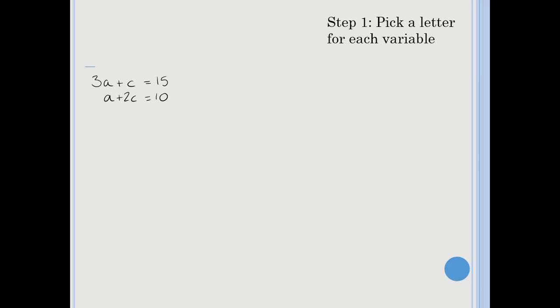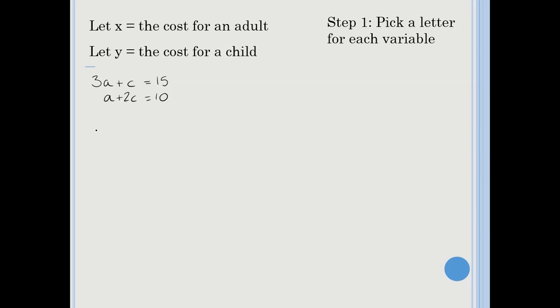So if you want, this is always up to yourself, you can change it so it becomes x and y. That's what I'm going to do, because as I say, I like having that familiarity when I'm doing things. I like to keep processes the same. So I'm going to change it to 3x plus y equals 15, and x plus 2y equals 10.